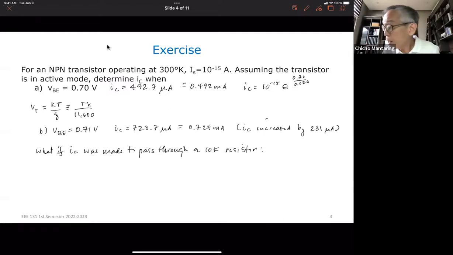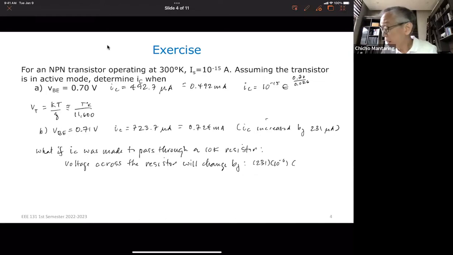The voltage across the resistor will change by 231 times 10 to the minus 6, multiplied by 10,000. So this is your 231 microamperes, this is your 10K. And what is that going to be equal to? That's going to be approximately equal to 2.31 volts.